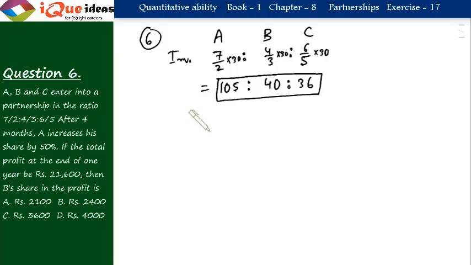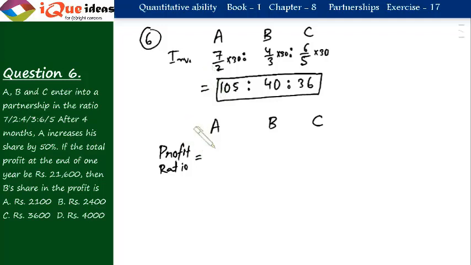Alright. Now, let's rewrite the question again. So now, for the calculation of profit ratio, how do we do that? For A, let's assume that investment was 105.